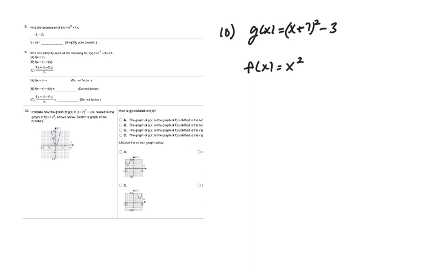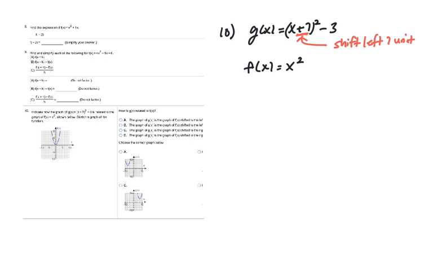Okay, so here if we look at g of x, we have a plus 7 within the x, and that's going to be a horizontal shift. So here the horizontal shift of a plus 7 will shift left 7 units. Or if you have all of your ordered pairs plotted, then you'll subtract 7 from all of the x values.